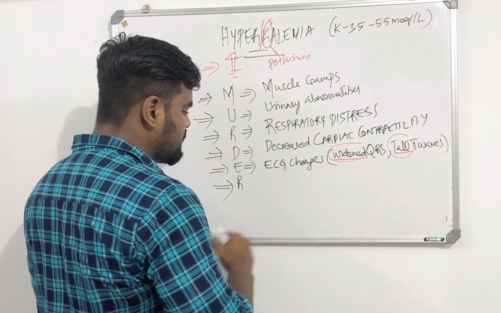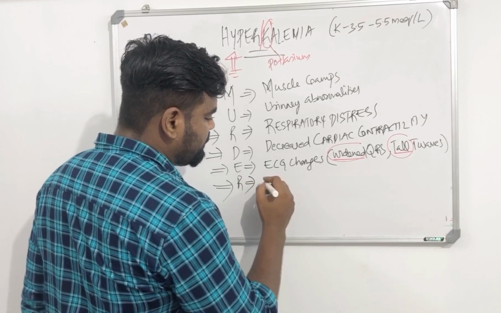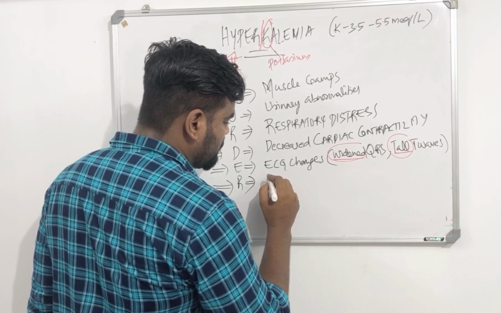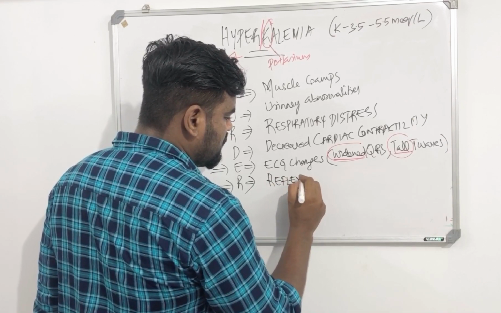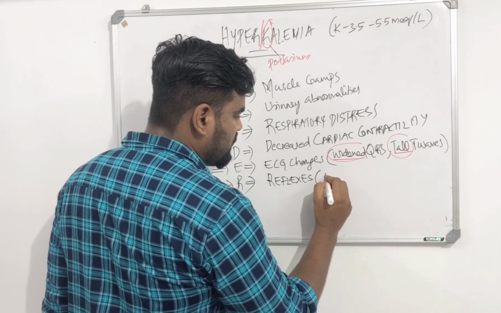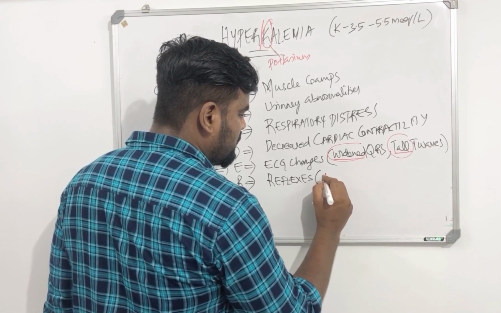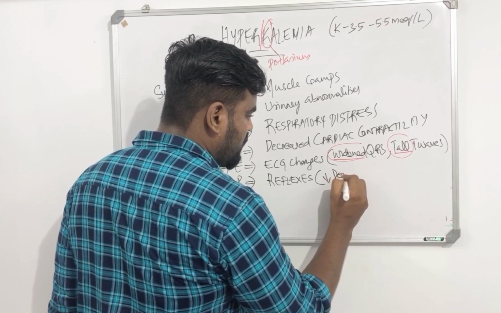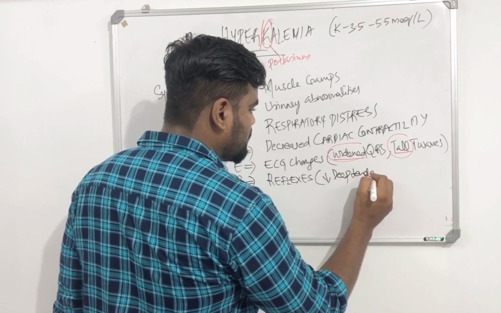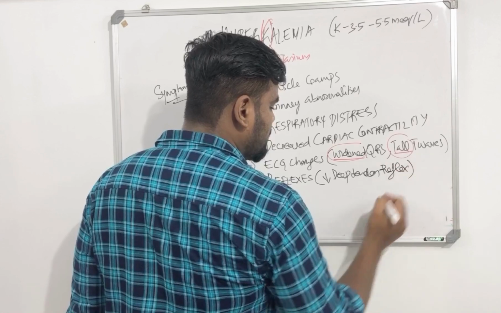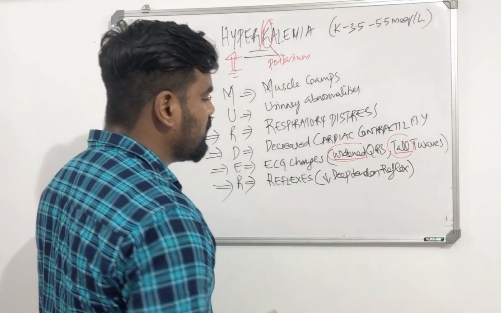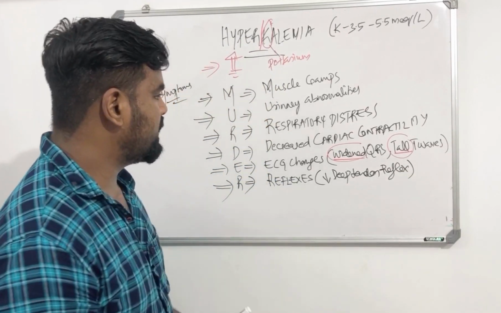And at last, R for reflexes. That means decreased deep tendon reflexes. It is one kind of neuro reflex. You can see that the deep tendon reflexes will be decreased.